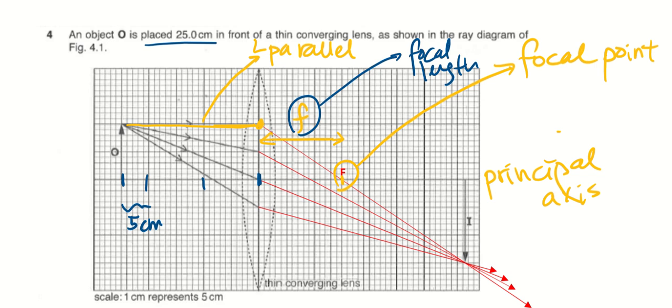Then we also have another light ray that we can predict very precisely every time it is drawn. It is the light ray that passes through the optical center. The light ray that passes through the optical center will never bend. So with these two light rays, I can determine that the image should be here. In this question, instead of asking us to draw, they give us the position of the image.